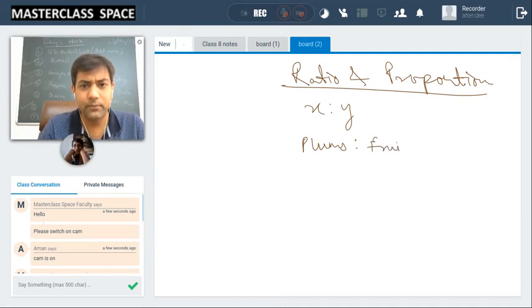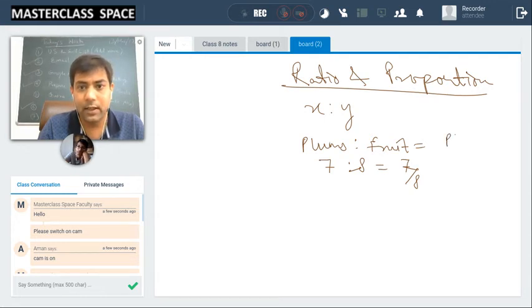If 7 plums are there, then how many fruits are there? 8. We write it in this way also, 7 by 8, 7/8, plums upon fruit. Either we use the colon or the slash, or we can write it in numerator denominator form. Both are acceptable.